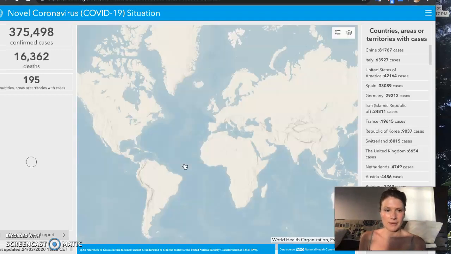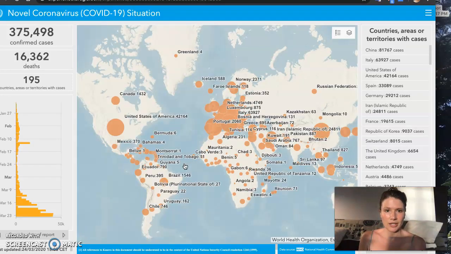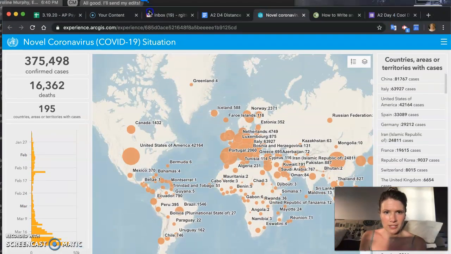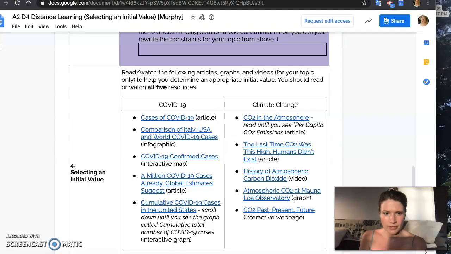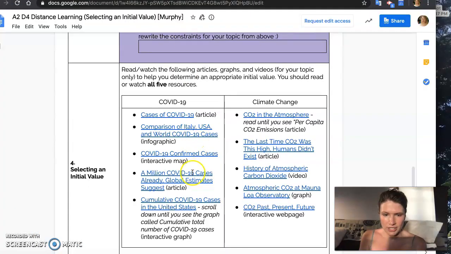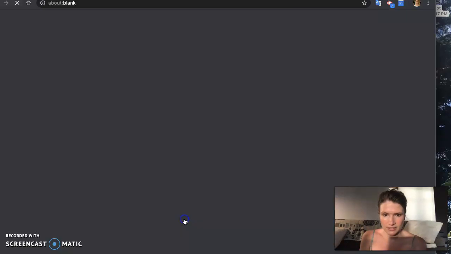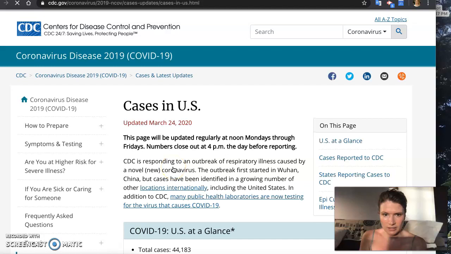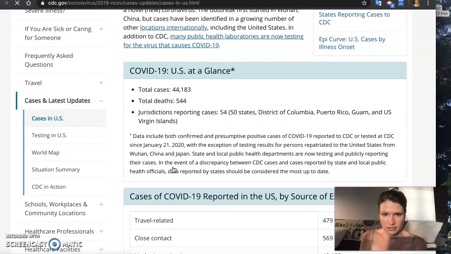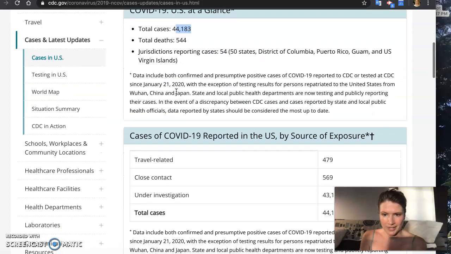Okay. So I'm waiting for that to load. Is this the World Health Organization? No. Which one is the World Health Organization? Maybe this one? No, this one's saying 44,183.